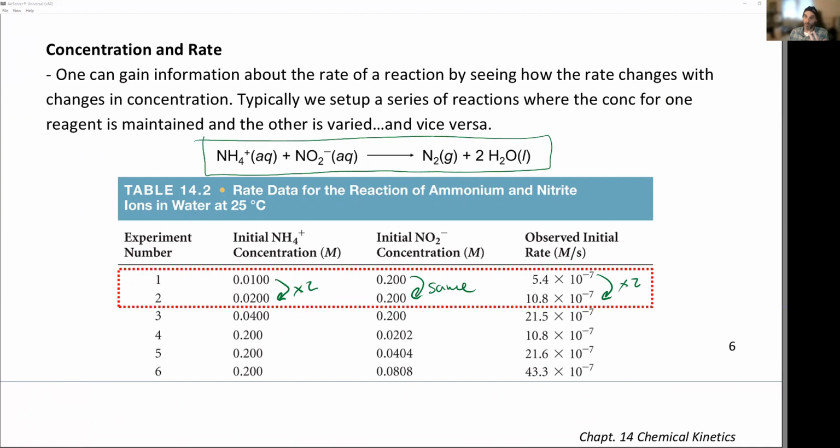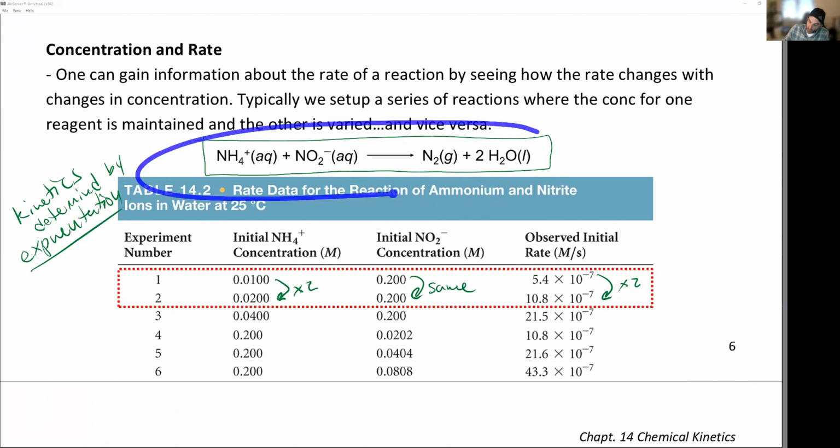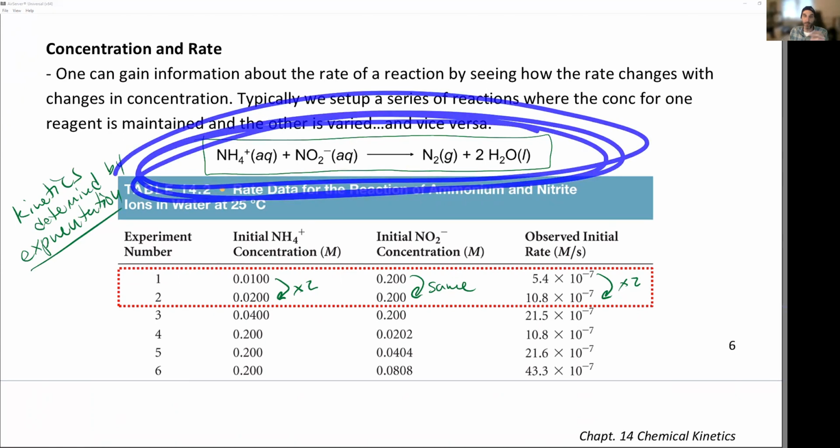The most important thing about this is this information has to be done through experimental means. All kinetics is determined by experiment. What this means is this equation gives me zero information about the kinetics.